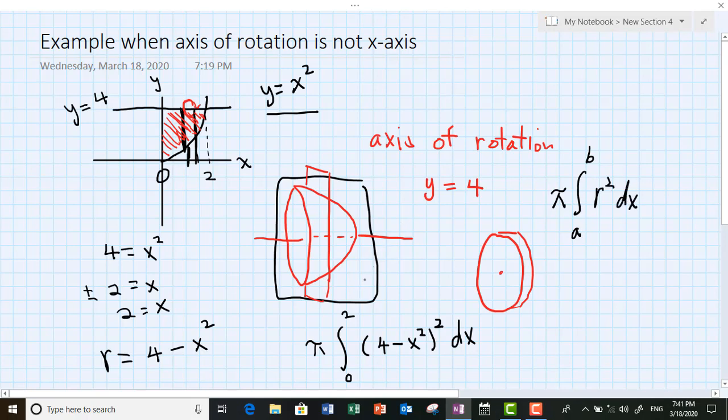So once you have the setup, again, you may use your calculator to find the answer, and that's how you find the volume of a solid of revolution. Now the key is this: the r is the distance from the axis of rotation to the curve. Okay? Thanks for watching.